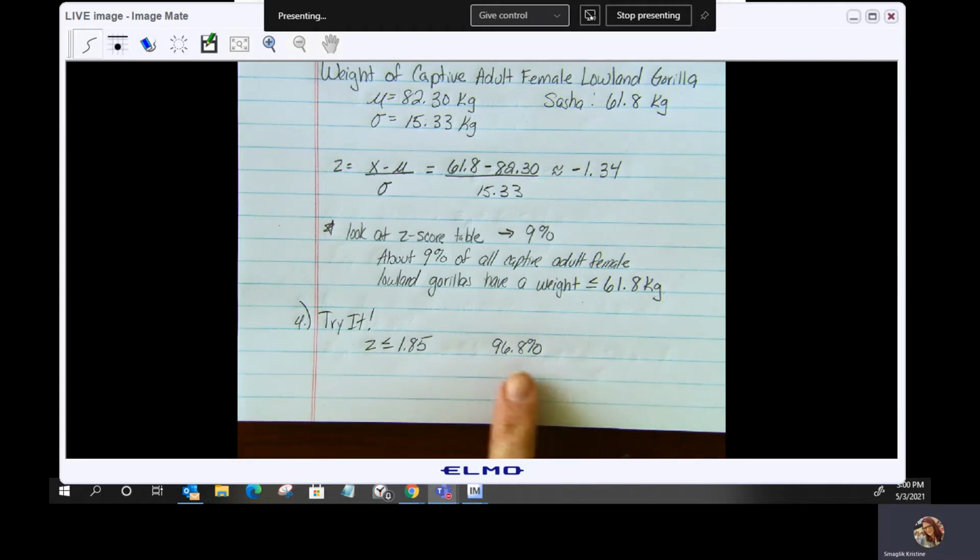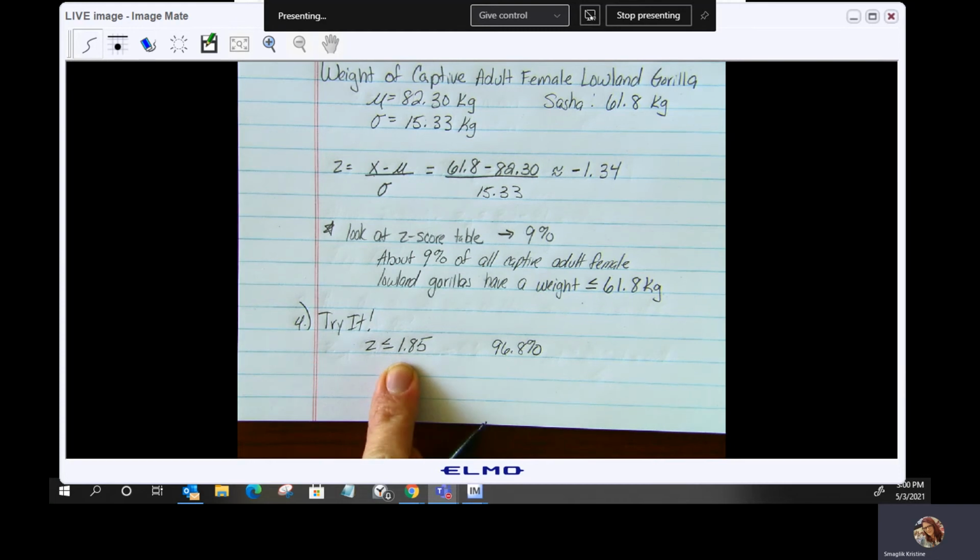So that is going to the left of this z-score. This z-score is almost up to 2 standard deviations above the mean, not quite, but this means that 96.8% of the data values are to the left of this z-score, to the left of 1.85 standard deviations above the mean.